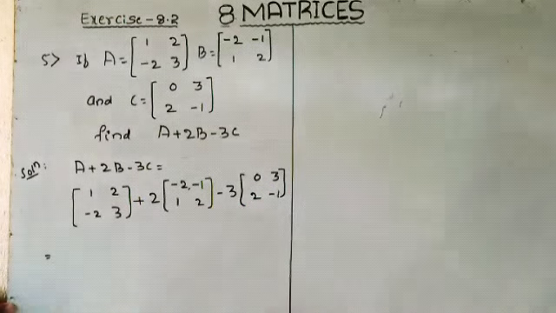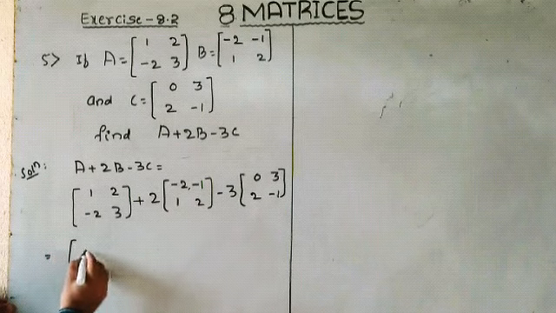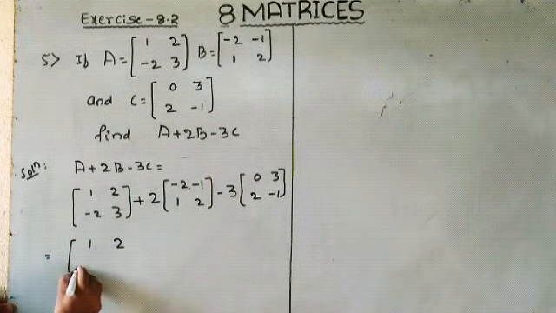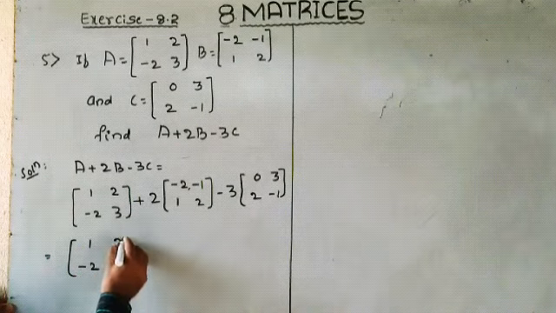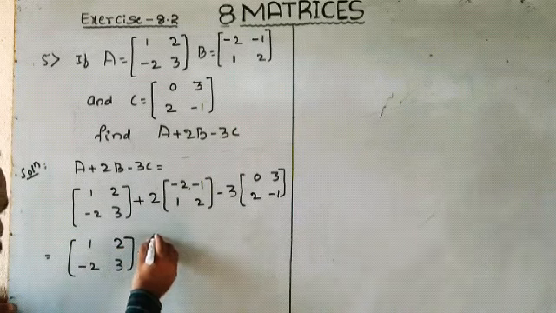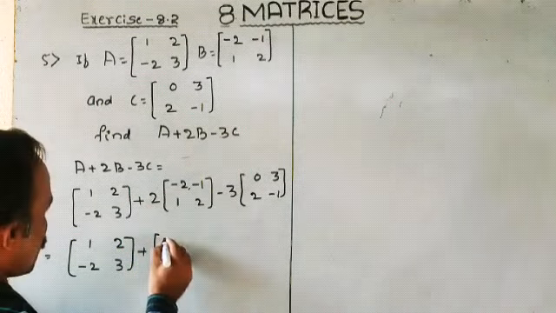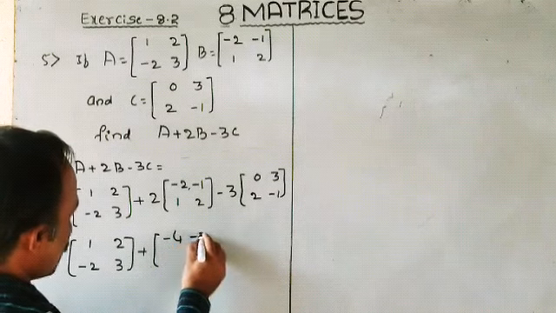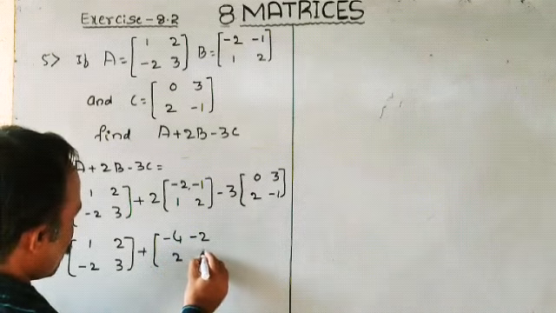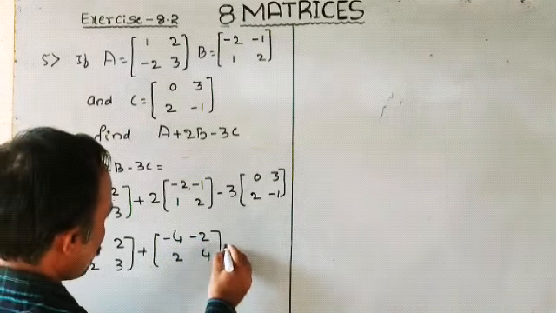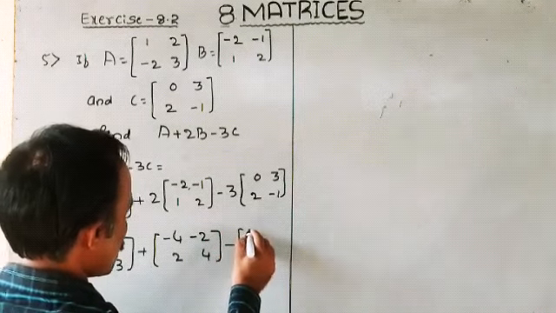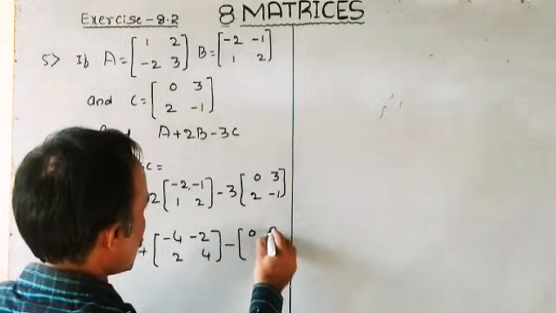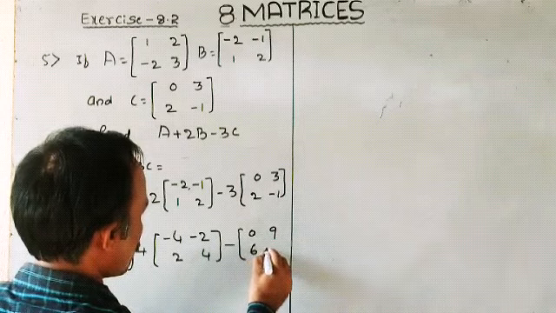So this is equal to 1, 2, minus 2, 3 plus, multiplying by 2: 2 into minus 2 is minus 4, minus 2, 2, 2 is 4, minus 0, 3 threes are 9, 3 twos are 6, 3 into minus 1 is minus 3.